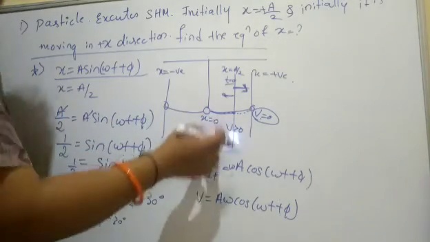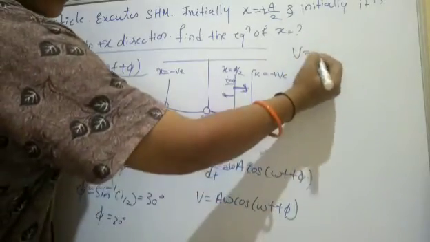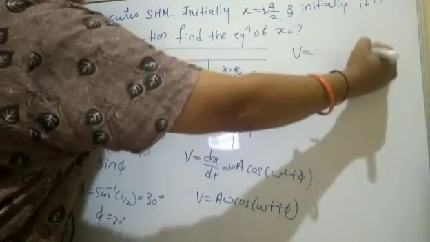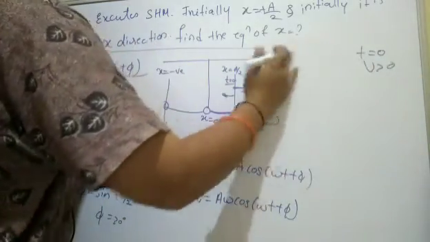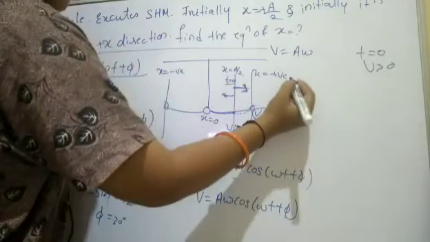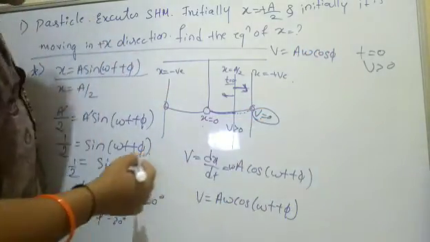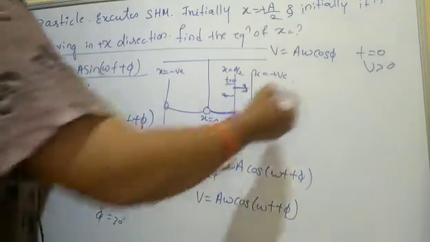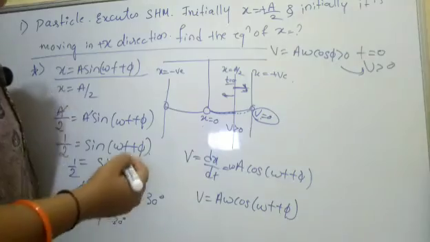So what it indicates here is that at t = 0, v should be greater than 0, right? So v = aω cos φ, and aω cos φ should be greater than 0. This is the condition.